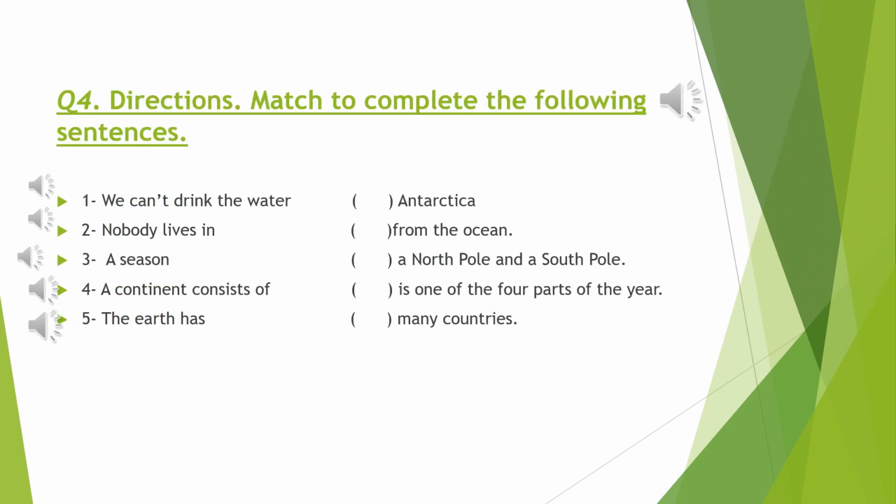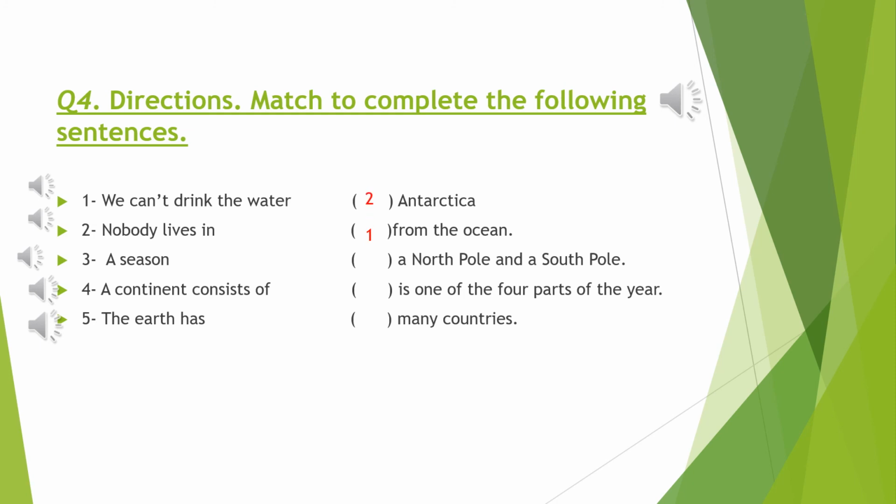Question number 4. Match to complete the following sentences. Number 1, we can't drink the water. Yes, excellent. From the ocean. Number 2, nobody lives in Antarctica. Excellent, because it's a frozen land.